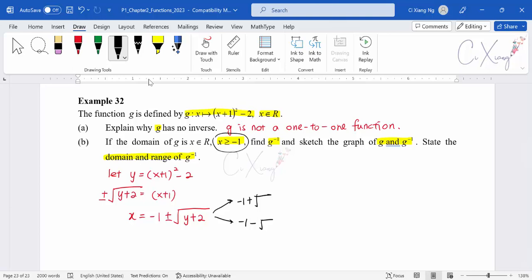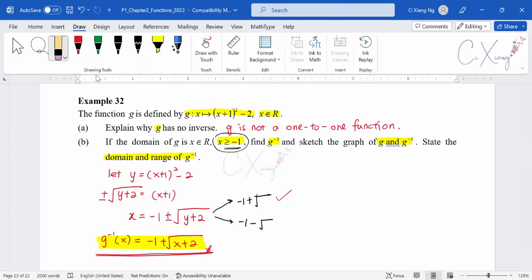The domain of function g is greater than or equal to -1. So which one will give me an answer greater than or equal to -1? Definitely this one, right? Because with -1 plus something, you only get something more than -1. If you have -1 minus something, it is always less than. Correct or not? So my final inverse function for this question will be -1 plus the square root of x plus 2. Okay, so this is my inverse function now.